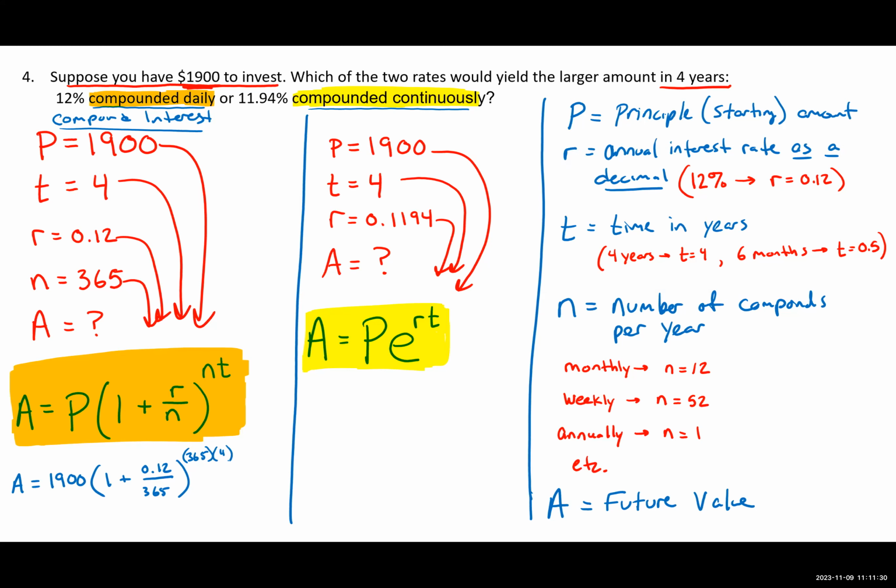I'm just replacing each letter with the corresponding number. And then on the right, for option B, continuously compounded interest, A is equal to 1900 times e to the power of 0.1194 times 4. This is going to go into the calculator, and it's going to give us a dollar amount.